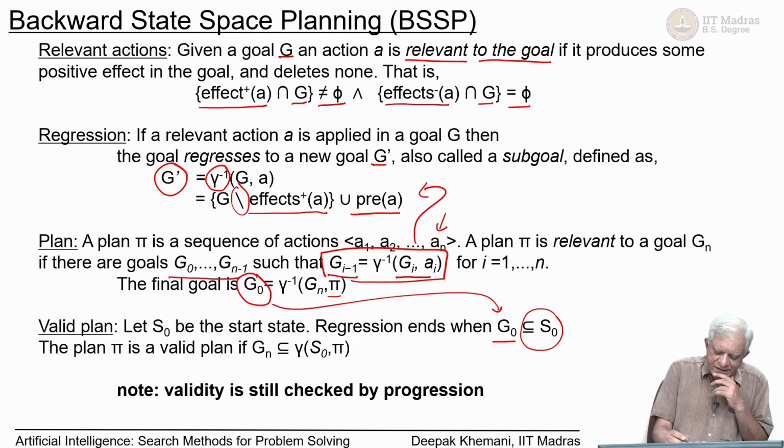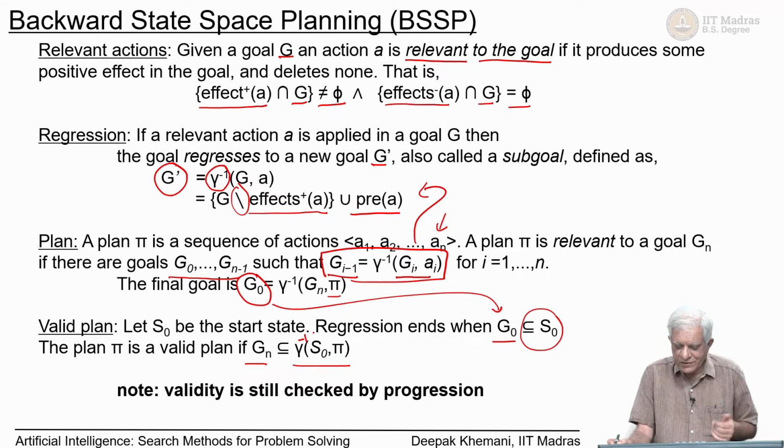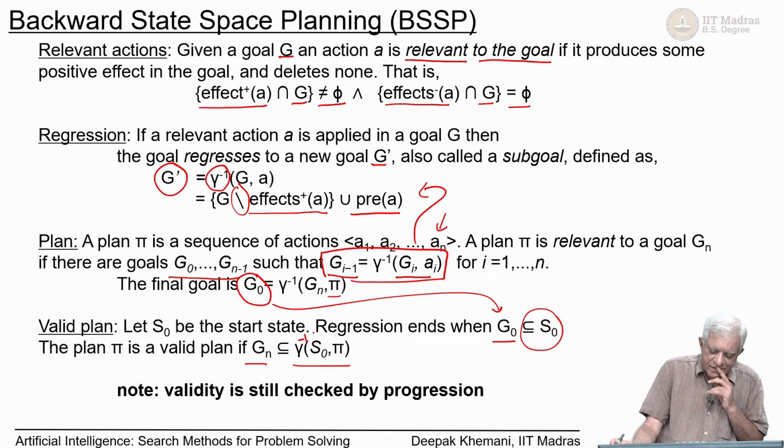So, essentially we are saying that a plan is a valid plan if G0 is a subset of S0. Okay, there is an error here, it should be minus 1. We are regressing over the states. But as we will see shortly, there are pitfalls here, there is no free lunch.